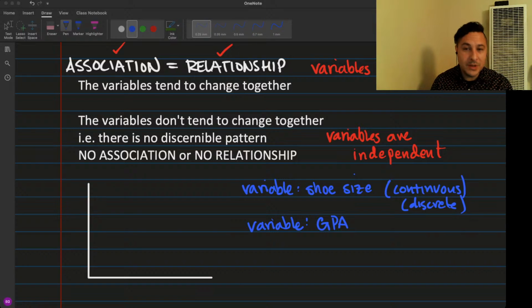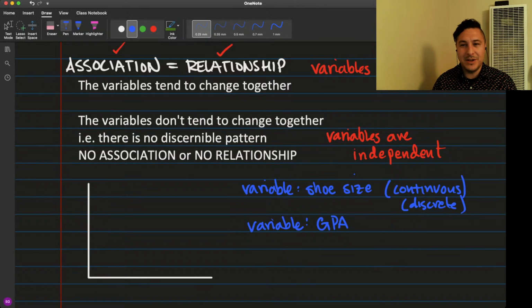Do you think that people with bigger shoes will have higher GPAs? Or people with smaller shoes, will they have higher GPAs? Do we really expect for there to be any connection between them? No, I wouldn't think so. So you're probably going to see something that looks like this. You're going to have people with small feet with high and low GPAs, and people with big feet with high and low GPAs.